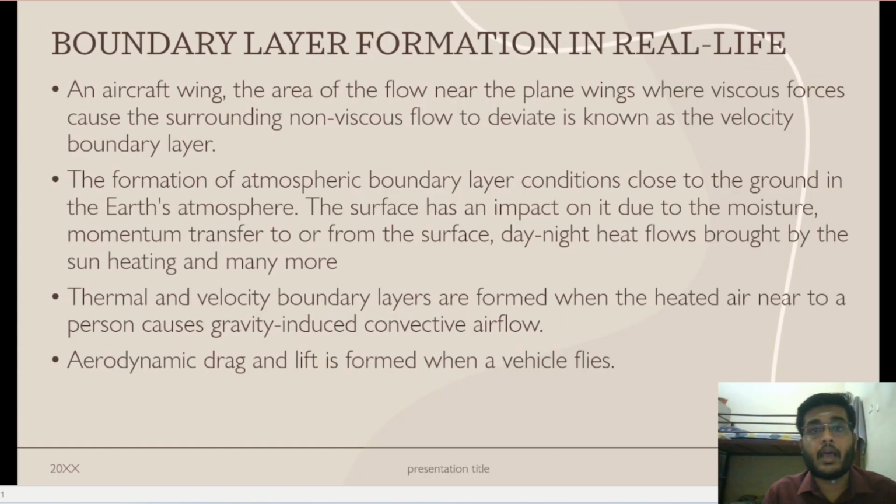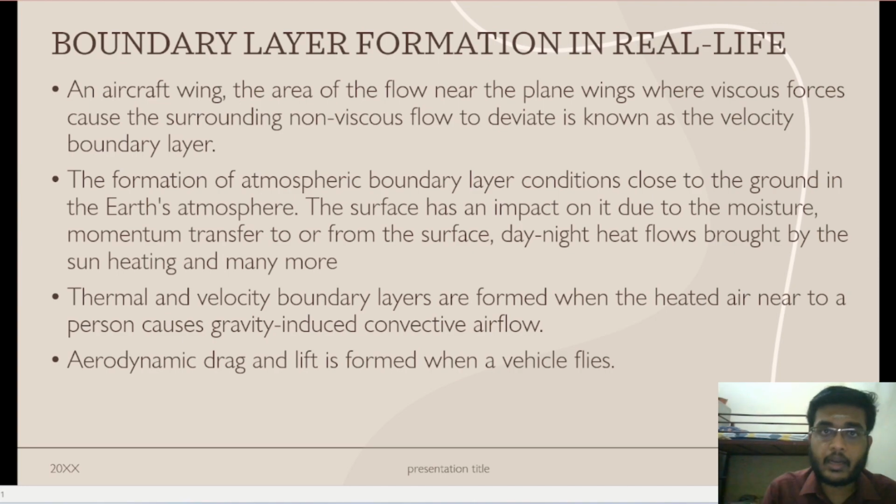So, boundary layer formation in real life. There are many types of boundary layer formations in real life. The first one is when an aircraft wing is subjected to fluid flow. The area of the flow near the plane wings where viscous force causes the surrounding non-viscous flow to deviate is known as the velocity boundary layer. Second, the atmospheric boundary layer forms close to the ground, within about 100 meters of the Earth's atmosphere.